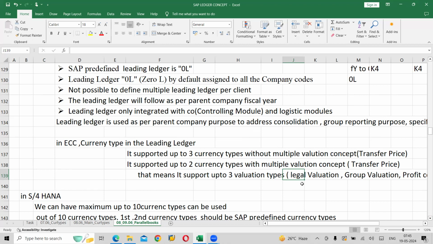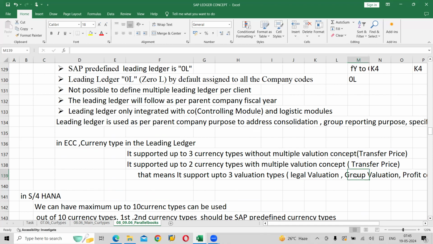That is considered as a legal valuation. When I posted intercompany transactions, I clearly mentioned the legal valuation. It records all the currency transactions, intercompany transactions, and third party transactions. And what do you mean by group valuation?